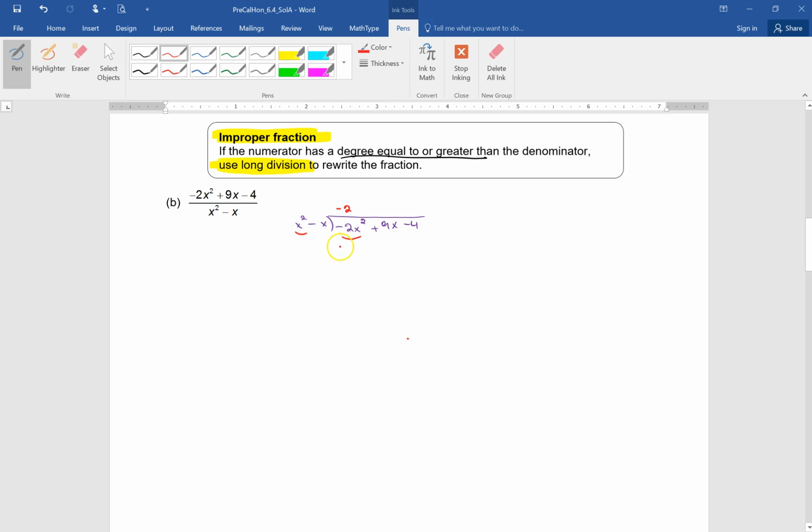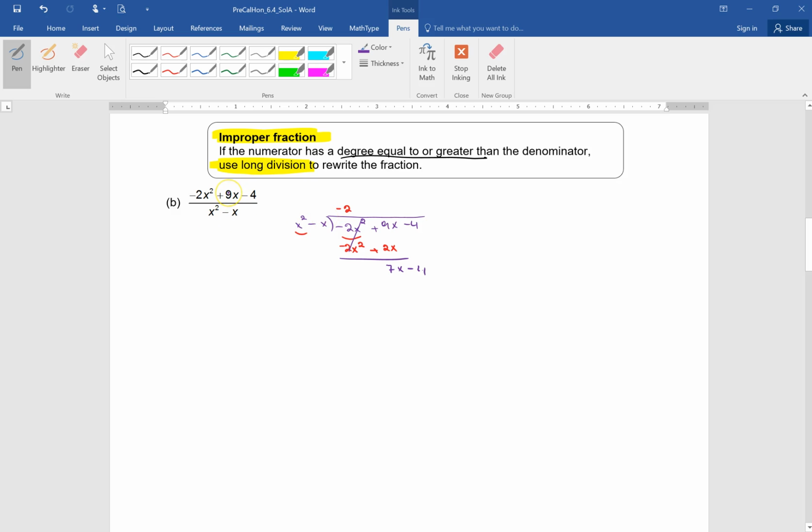We multiply, we get negative 2x squared plus 2x. And when we subtract these, the first terms go away. 9x minus 2x is 7x minus 4. Now 7x minus 4 has a lower degree than the divisor, so you're done, right? When your remainder is smaller than the divisor, you're done.